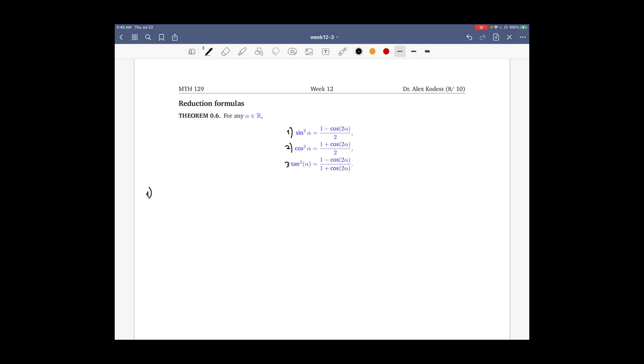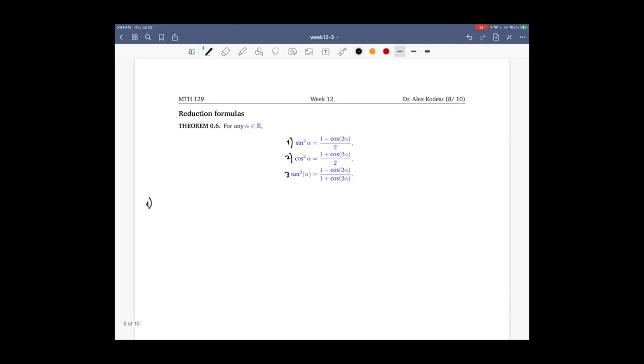Well, for the first formula, we will start with the right-hand side and recall the basic trigonometric identity, the most important of all of them. That is sine squared plus cosine squared of the same argument equals 1.